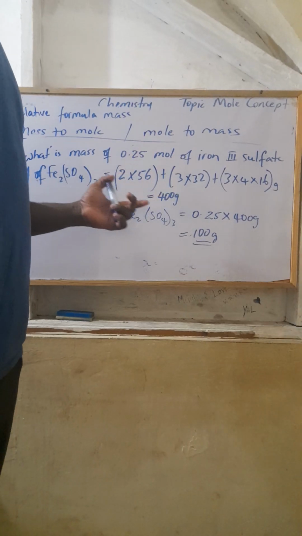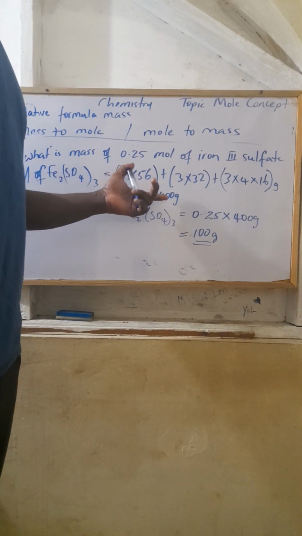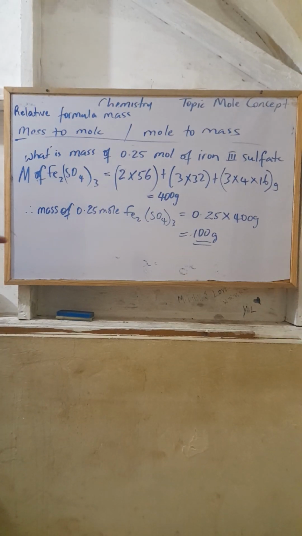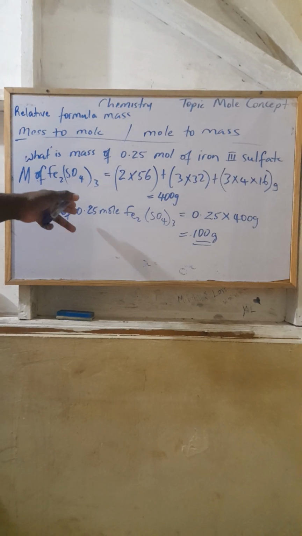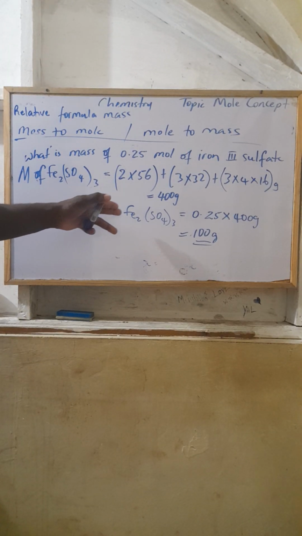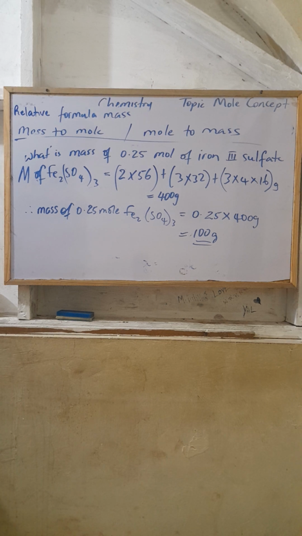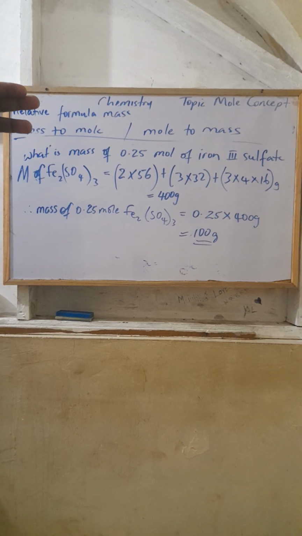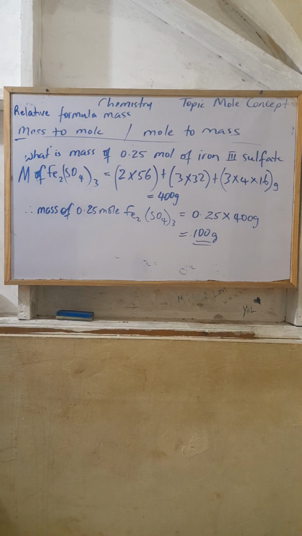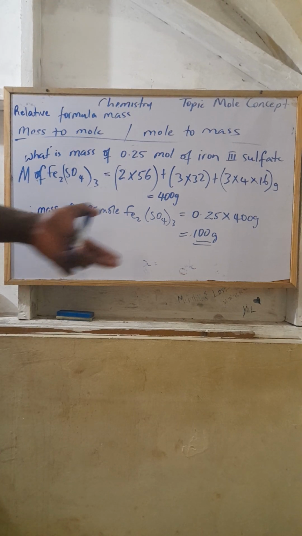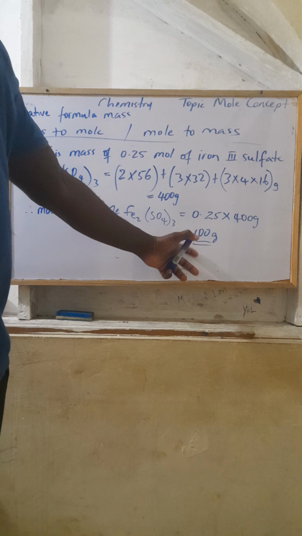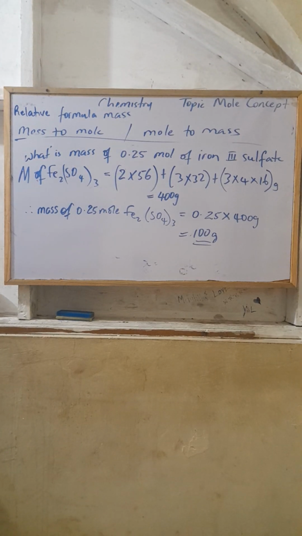When we add everything, the molar mass is 400 grams per mole. So the mass of 0.25 mole of Fe2(SO4)3 is 0.25 times 400, which will give us a mass of 100 grams.